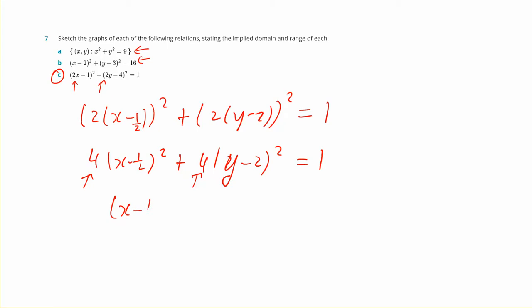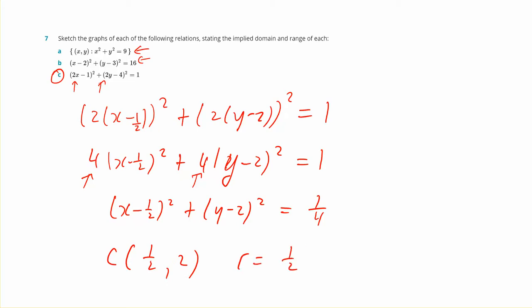I can do that because I'm doing it to every single term, and I need to do it to the other side as well. Now it's in circle form. The center is at (a half, 2), and the radius is the square root of a quarter, which is a half.